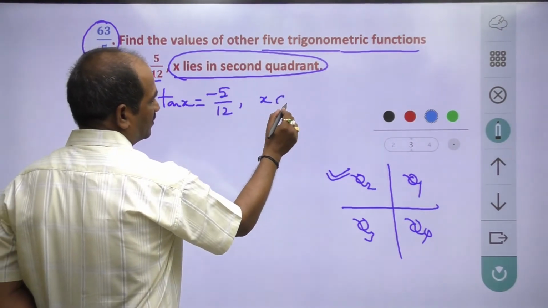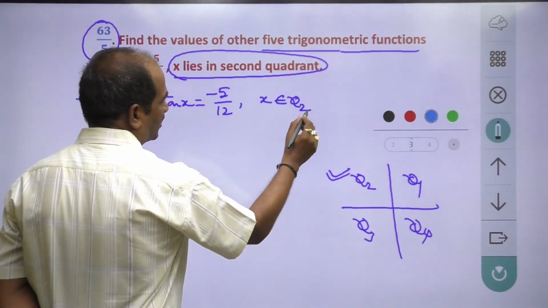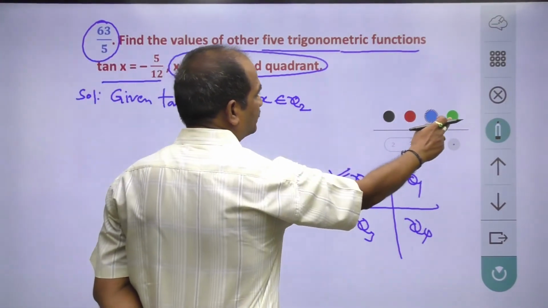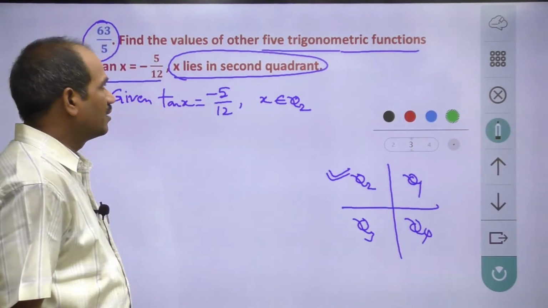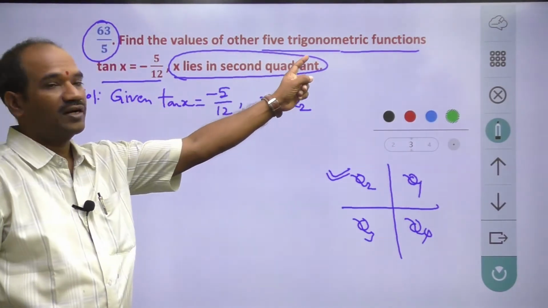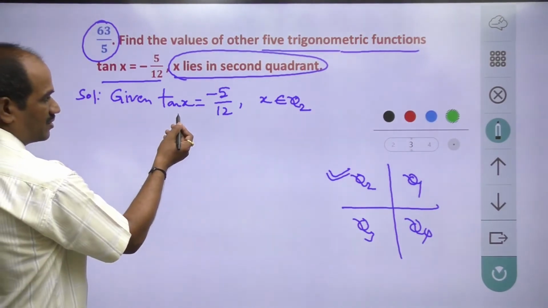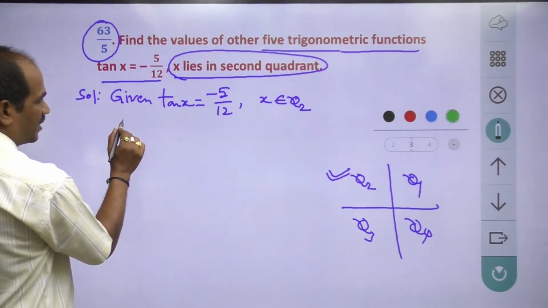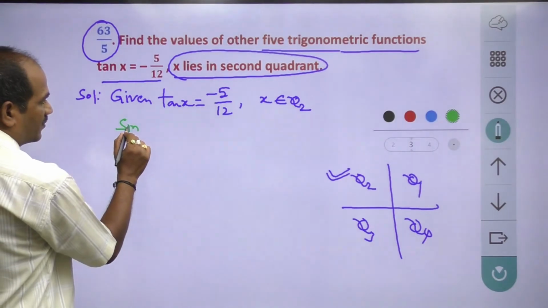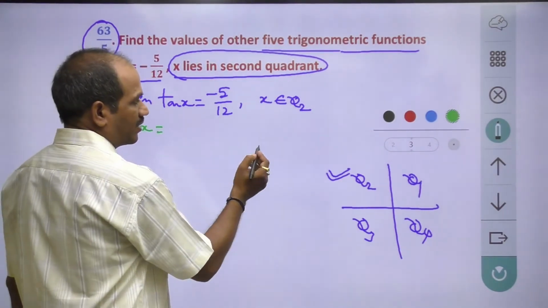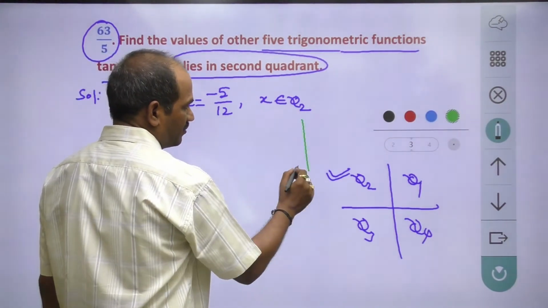Next, write the other 5 trigonometric functions. First write sin x. Take a triangle here.